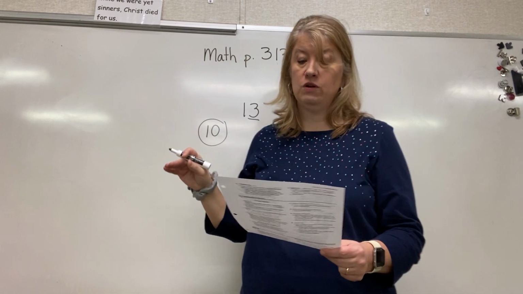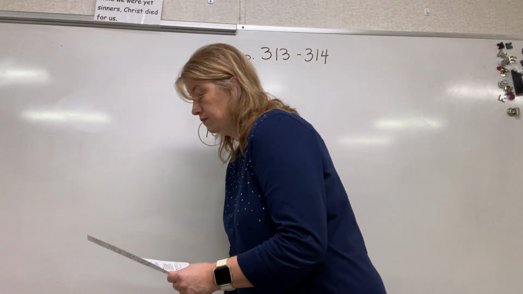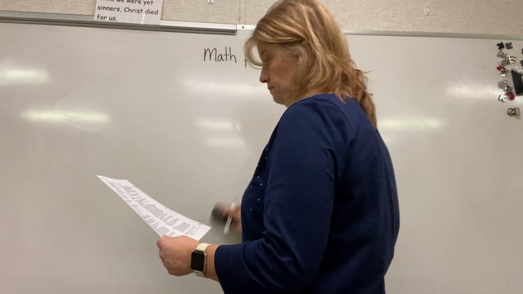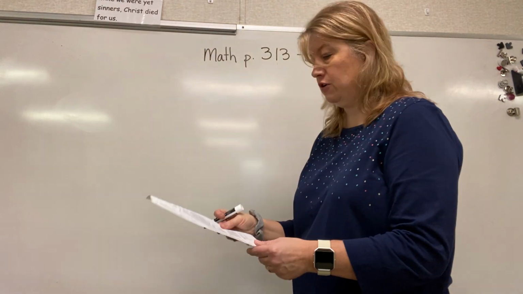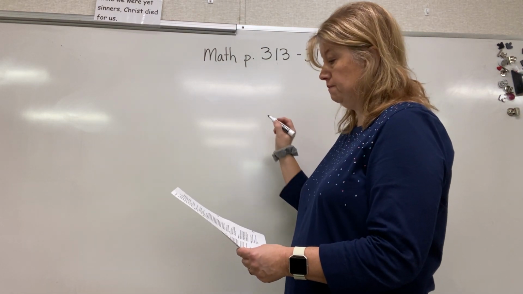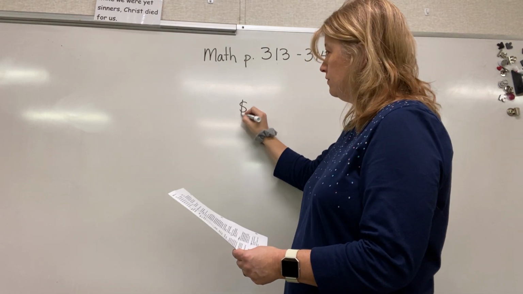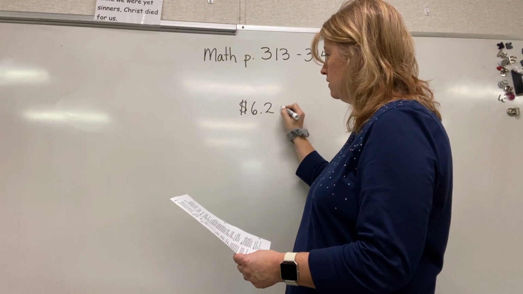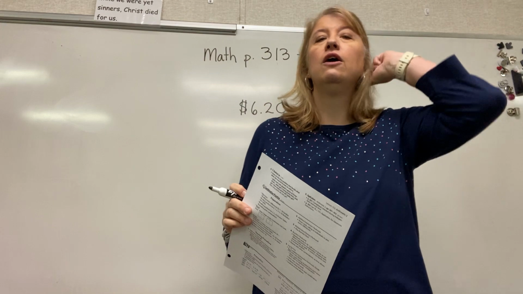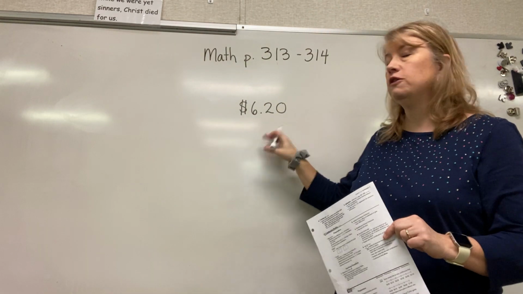All right, I'm going to do one more problem before we go over your sheet. We've got something on the back we've got to do. We have $6.20. We're going to round it. Now, last video I wrote it on the board to help you.